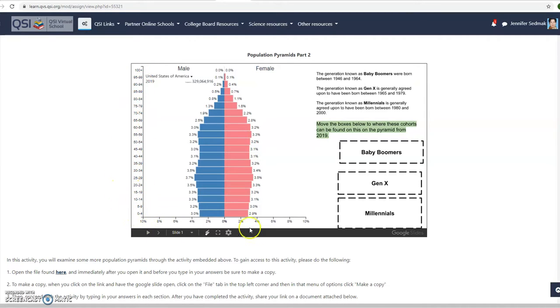And then on the x-axis, it shows you what percentage of that group makes up the population for the whole, for any given gender at any given age level. And these numbers are just kind of there to help you make it more clear where in the x-axis they lie.